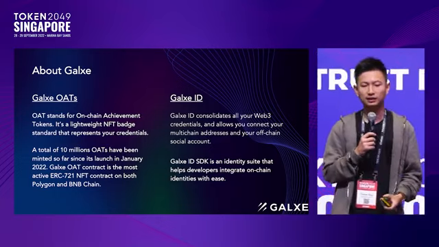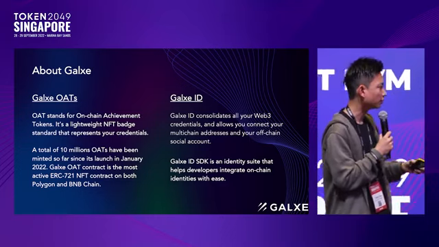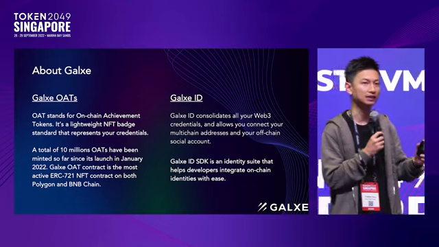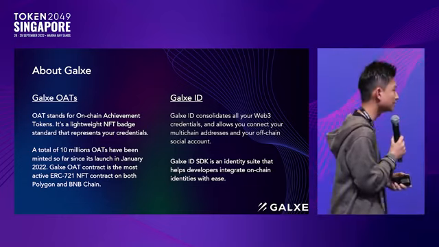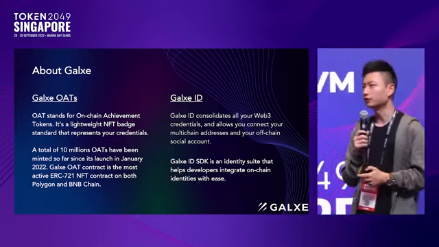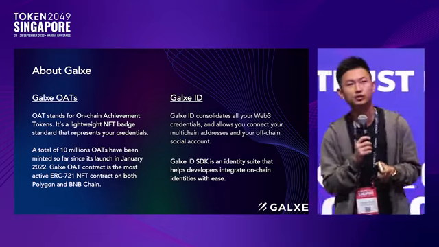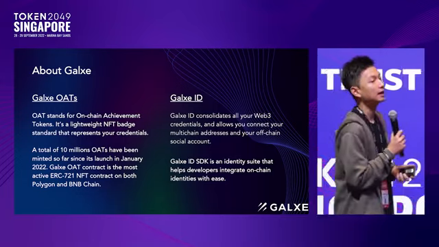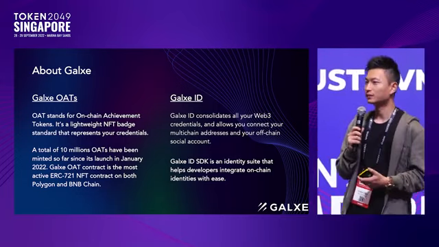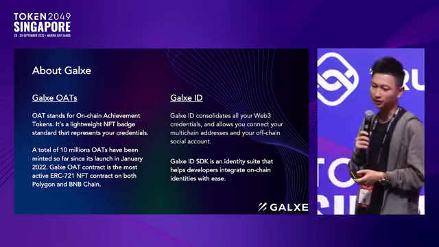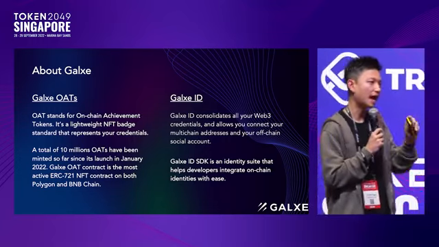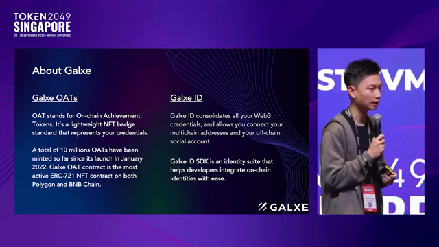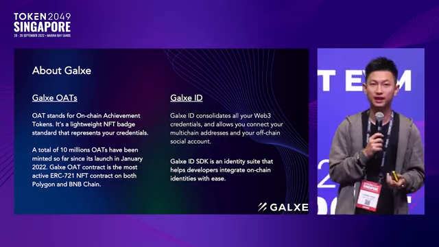And the Galxe ID, like I said, connects your multiple credential data sources. It connects your on-chain identities and your off-chain identities as well. And we also have a feature called Galxe ID SDK, which is built to help developers build apps with identity data easily, with one SDK basically.